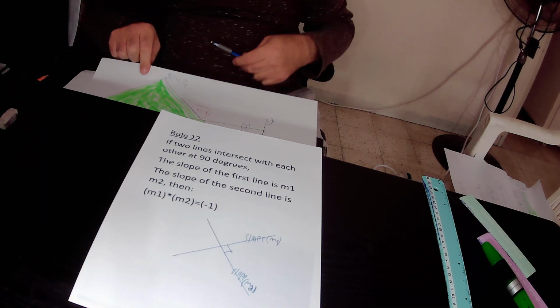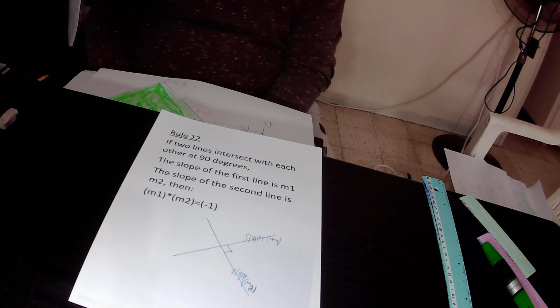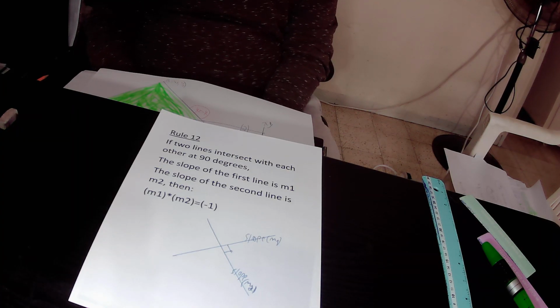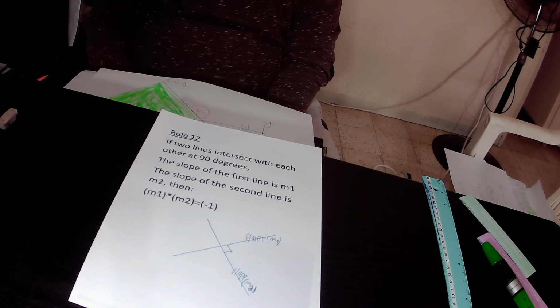According to rule 12, if two lines intersect with each other at 90 degrees, that is to say they are perpendicular to each other, and the slope of the first line is m1 and the slope of the second line is m2, then m1 times m2 equals minus 1.